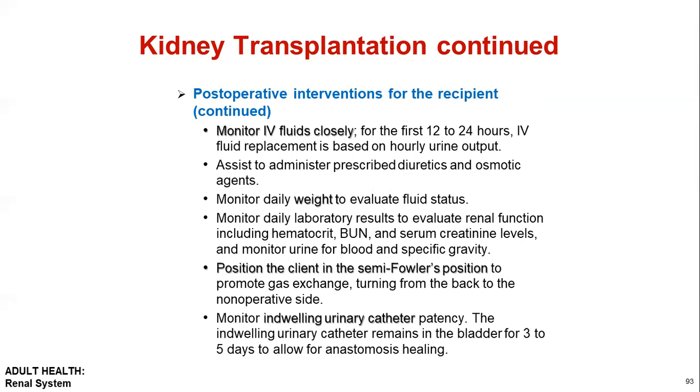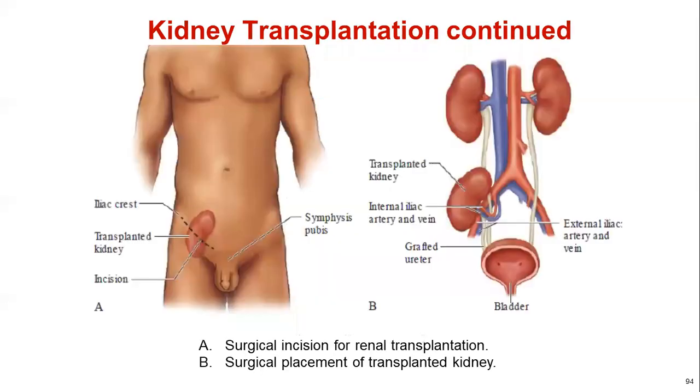So the indwelling urinary catheter remains in the bladder for 3 to 5 days to allow for anastomosis healing. So in short, for the post procedure, we monitor the urine output and report it if it is less than 30 ml per hour, and perform the bladder irrigation as ordered.